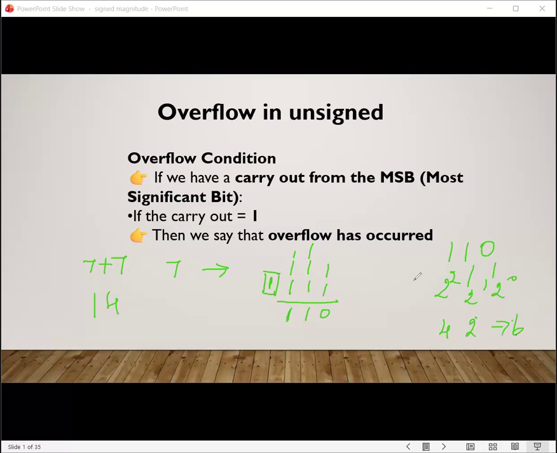If we add the carry bit, 2 to the power 3 is 8, so 8 plus 2 is 10, plus 4 is 14. Only then do you get the correct answer.